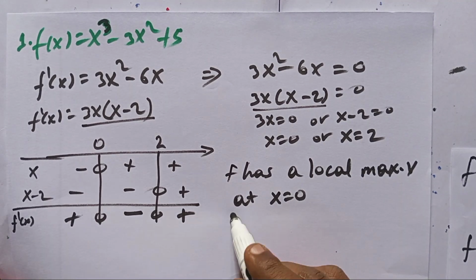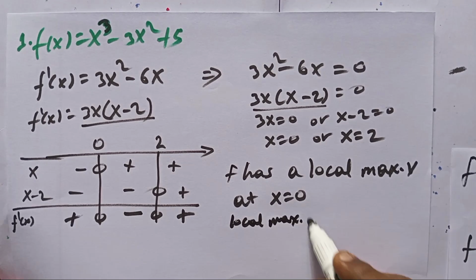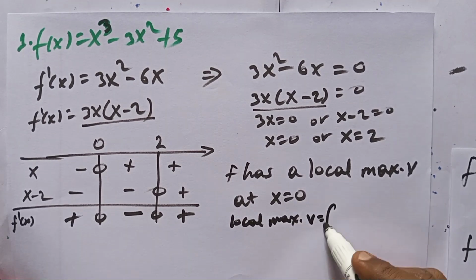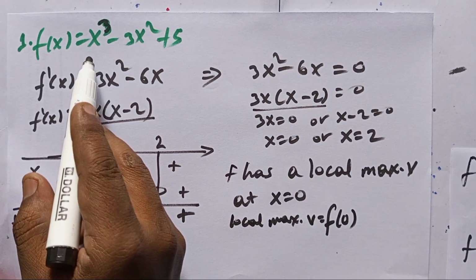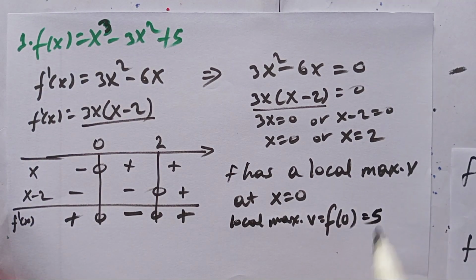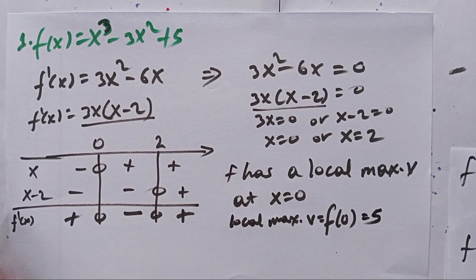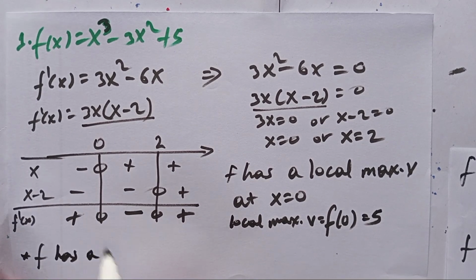The local maximum value is f(0). Substitute 0 in the function in place of x, which is equal to 5. This one is the local maximum.